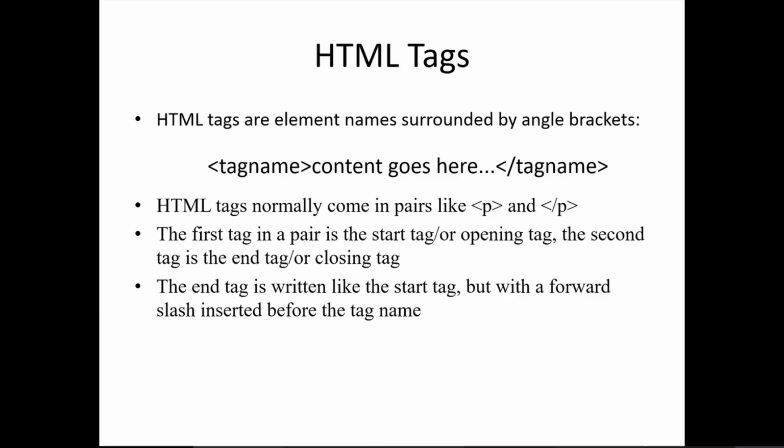The first tag in the pair is the start tag or opening tag. The second tag, which is the same tag but with a slash sign, is the end tag or the closing tag.